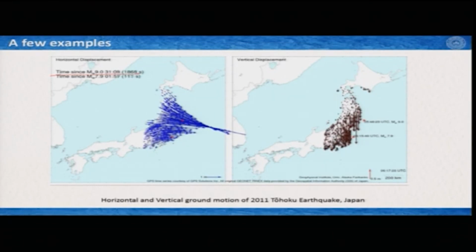And then you had a second shock somewhere here with a magnitude of 7.9. The first earthquake had a magnitude of 9, and this is how one can interpret, by this rigid body translation, how much vertical and how much horizontal displacement you can have during an earthquake.